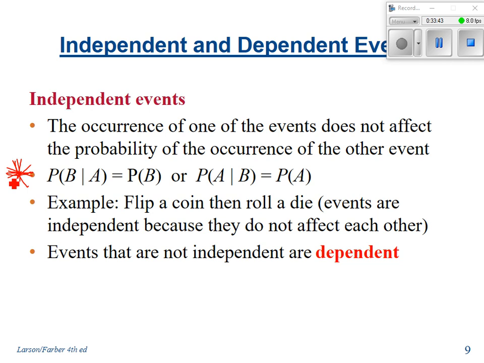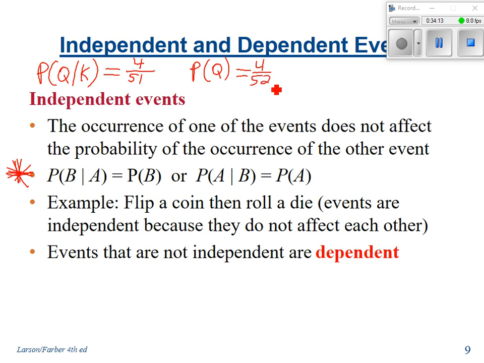So if we look back at the last one, with the probability of getting a queen given that you had already drawn a king, it changed the probability of getting that queen and made it 4 out of 51. If we just look at the probability of getting a queen from a deck of cards, it's 4 out of 52.